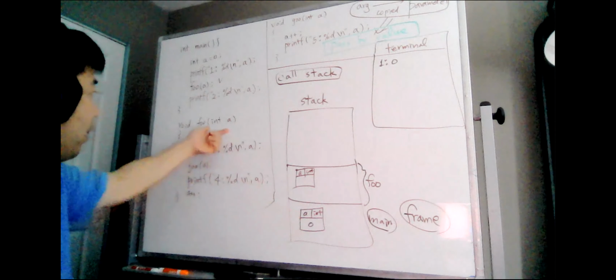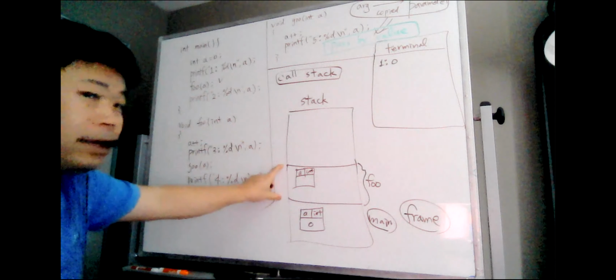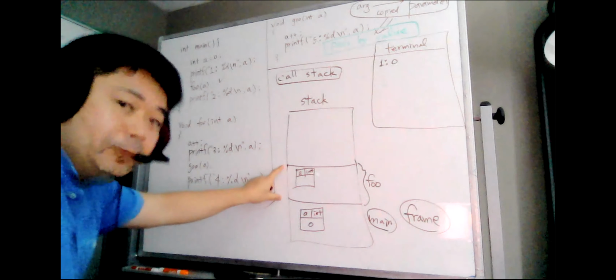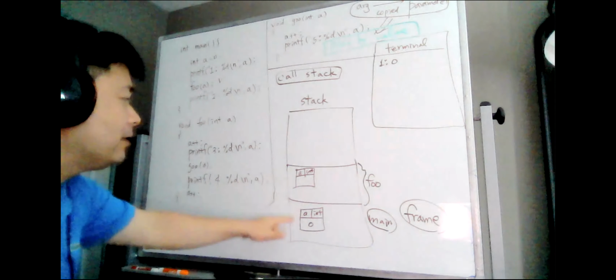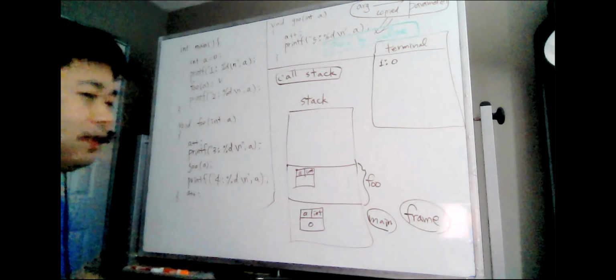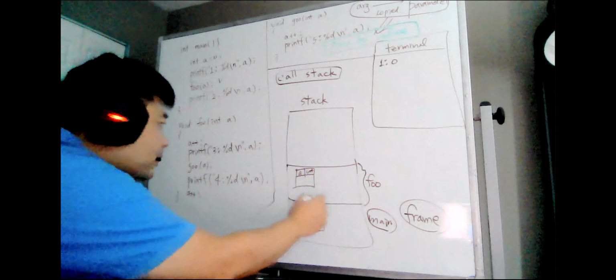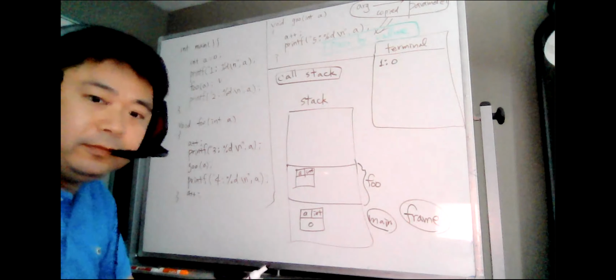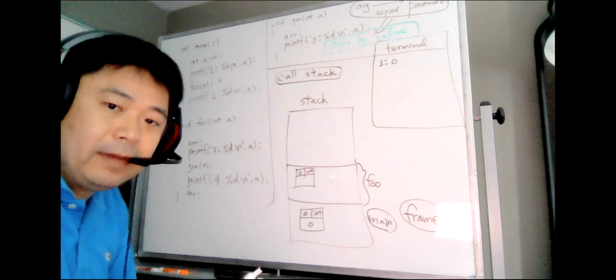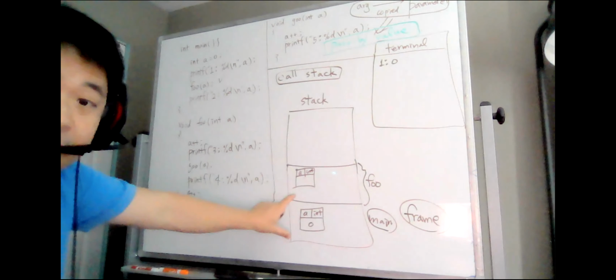The input parameter for foo resides in the stack frame of foo, meaning they're different things. Although the name is the same, think about the hierarchy. This A belongs to the stack frame of foo.